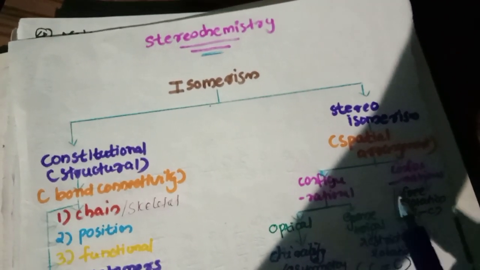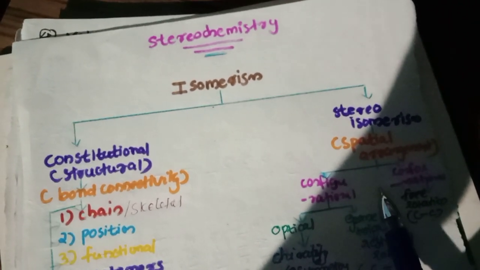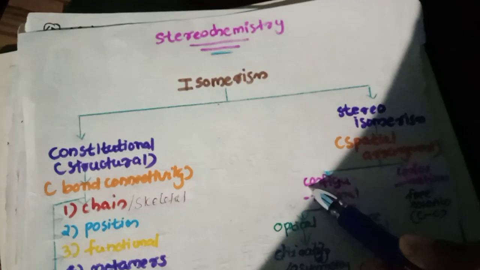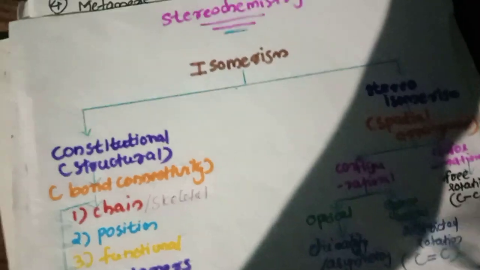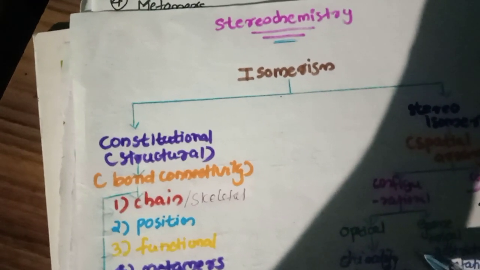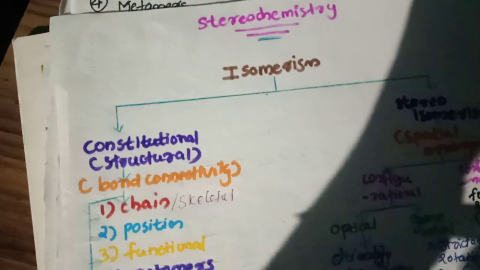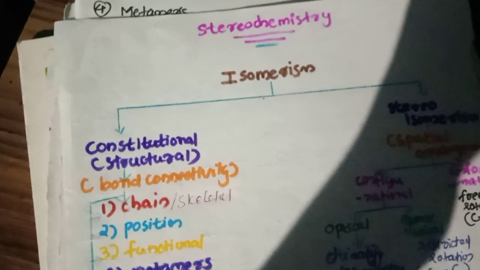Configurational isomers are more confusing, especially the geometrical isomers, so we will discuss them in the third video. In today's video we are discussing the constitutional or structural isomers.